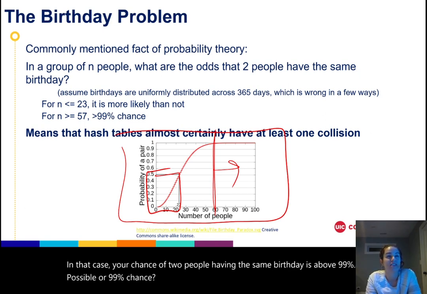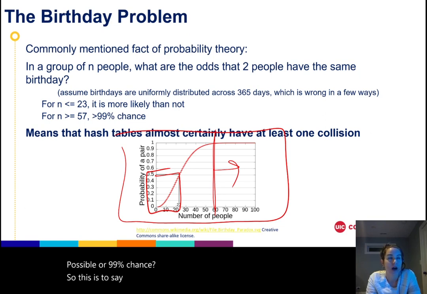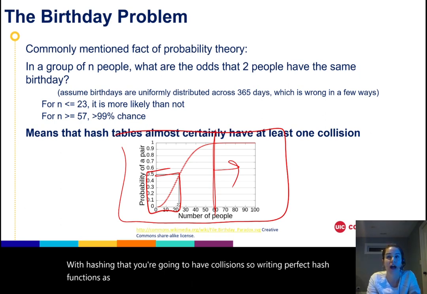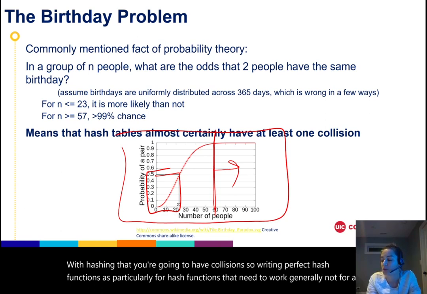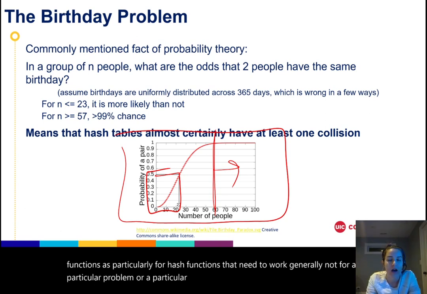This is to say that it's more than likely that, with hashing, you're going to have collisions. Writing perfect hash functions is hard, particularly for hash functions that need to work generally, not for a particular problem or a particular type of key. You're going to have collisions and you're going to need to deal with them.